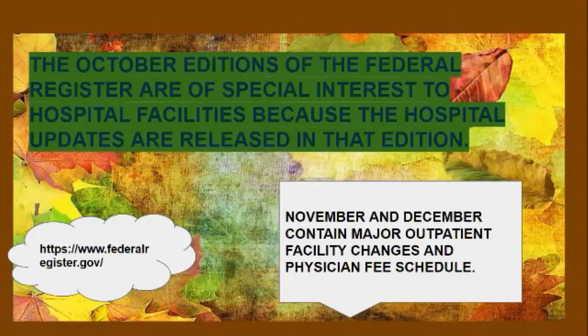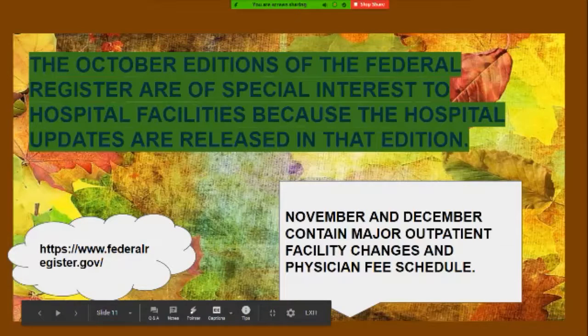Okay, this is something you're going to have to remember. In October, the Federal Registry releases hospital facility updates. November and December contain major outpatient facility changes and physician fee schedule.